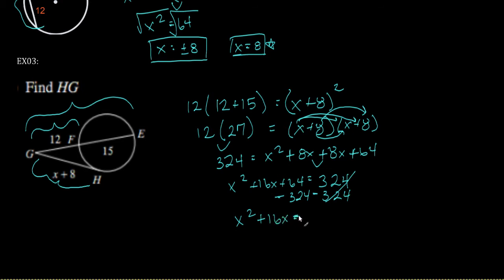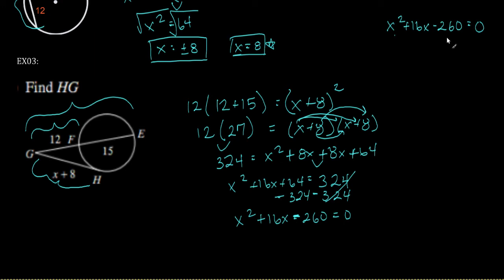Now this is the part where I guess I'll carry it all the way up here, where it gets interesting and requires a little bit different work. You know, it's a quadratic. So we have to figure out what are factors of negative 260 that create 16.